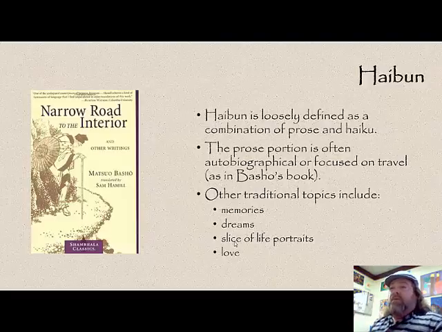Basho's book Narrow Road to the Interior is a collection of these haibun works. Traditional topics in this include memories, dreams, slice of life portraits, kind of like our vignette, rather, not villanelle, and also, of course, the topic of love.